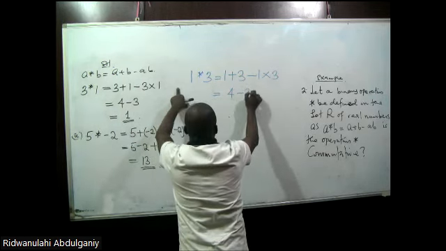Since 70 is never the same thing as 88, therefore the operation is not commutative. The operation is not commutative. So that's how we show that it is not commutative.